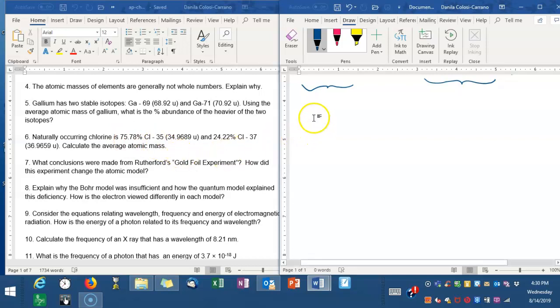So how do we proceed? 68.92, that's the mass, for a percentage X. And you also have a mass of 70.92 with a percentage of 100 minus X, which gives you the average atomic mass of gallium according to your periodic table, which is 69.723.